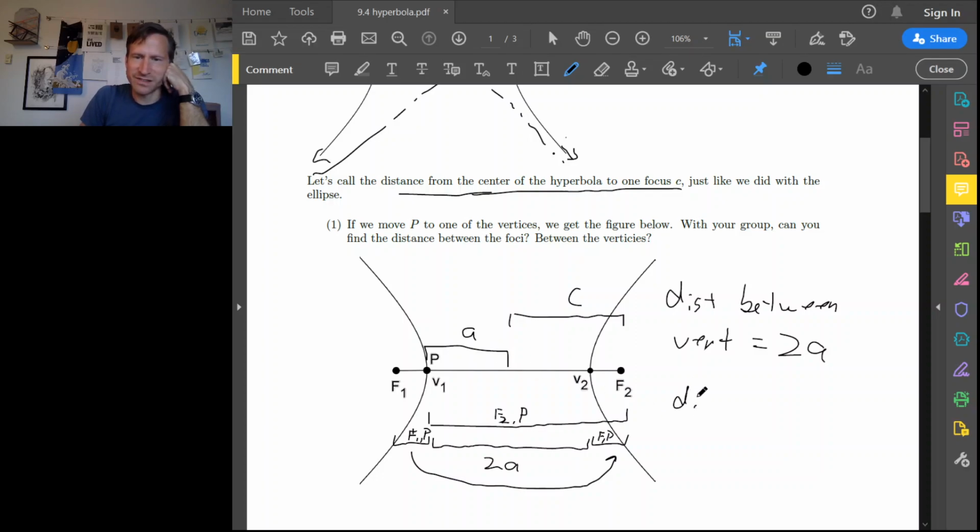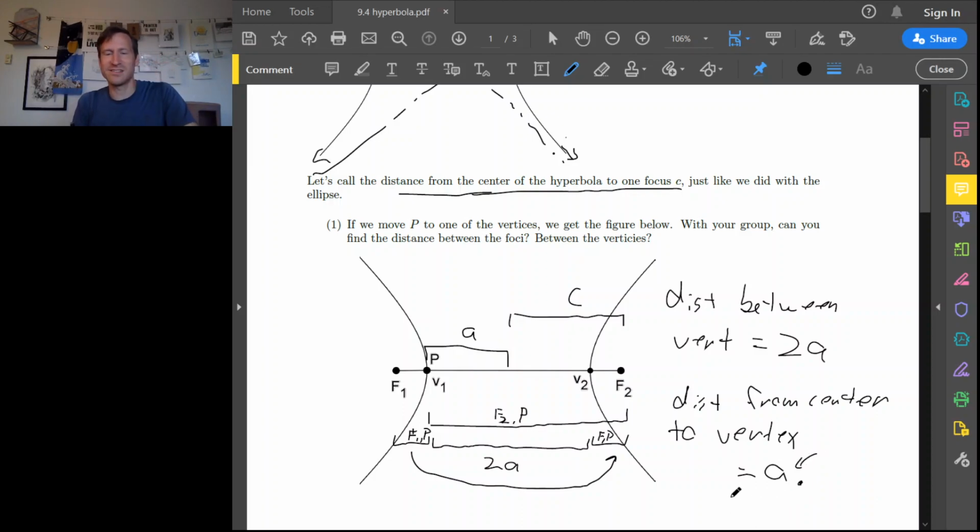So the distance from the center to one vertex is a. So that's what a really means. It's the distance from the center to a vertex. And actually, if you remember back to ellipses, that's the same as for an ellipse. So that's how we're interpreting a. It's the distance from the center to a vertex.